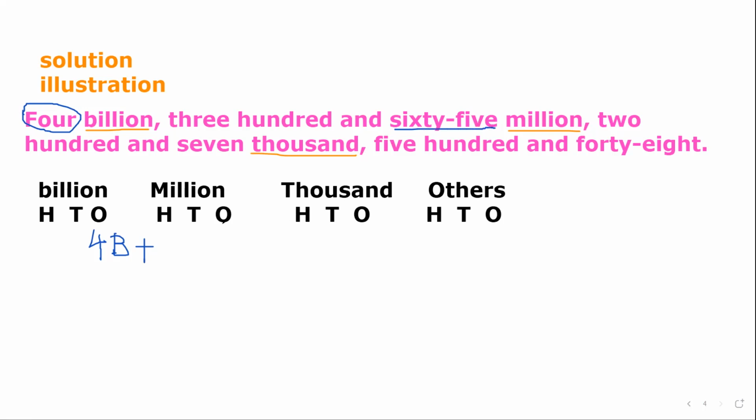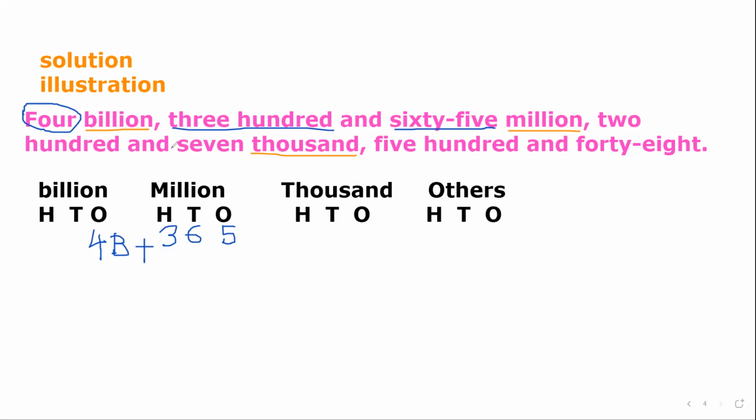So 5 belongs to the ones of million, and then 60, that's the tens of million, and then the 6 will be recorded here. And then 300 million, which will be the 3 under the H, so the 300 million. 6 times tens here will give you 60. Good.